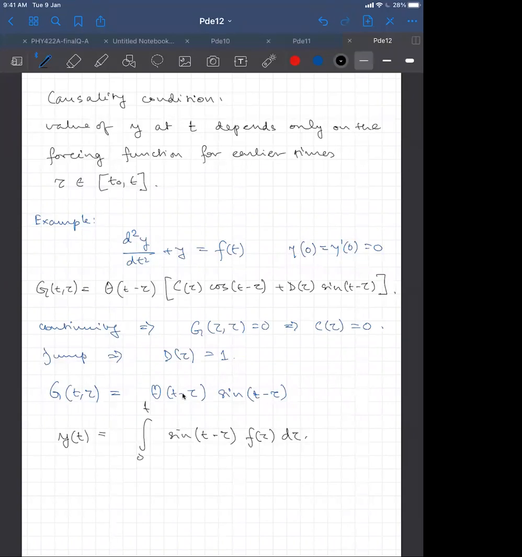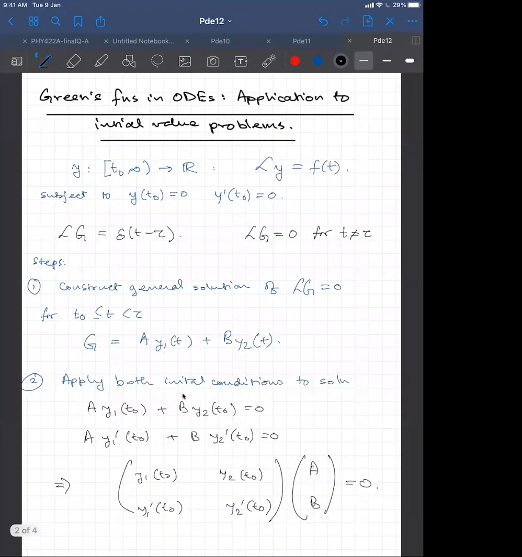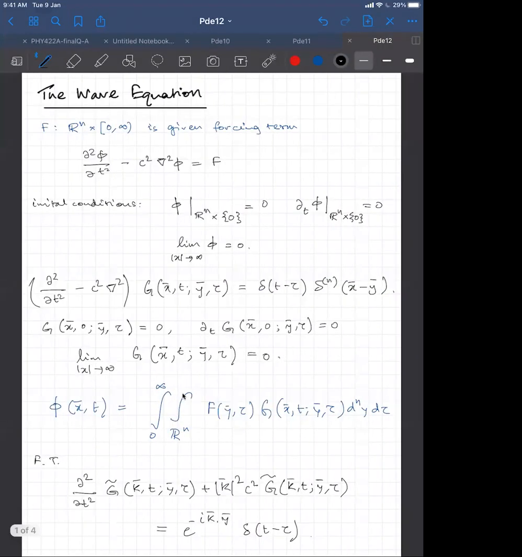Now, what we need to do is go back to our wave equation. Again, this is an initial value problem. So this was how you solved it for the ODEs, but let's get back to the wave equation now.